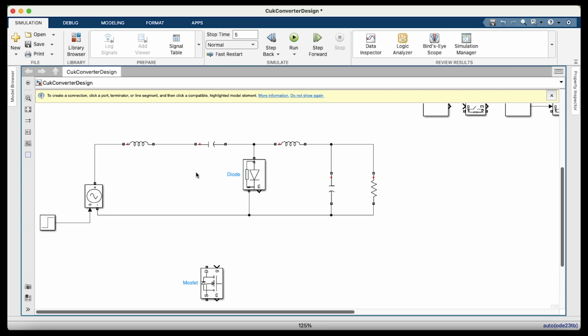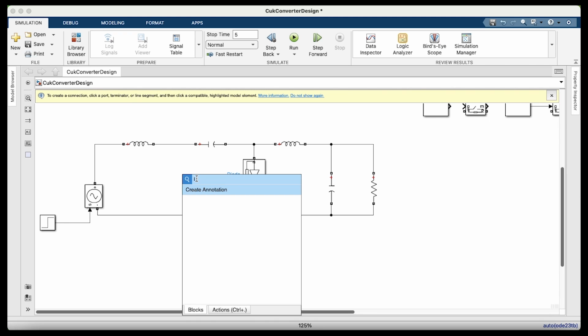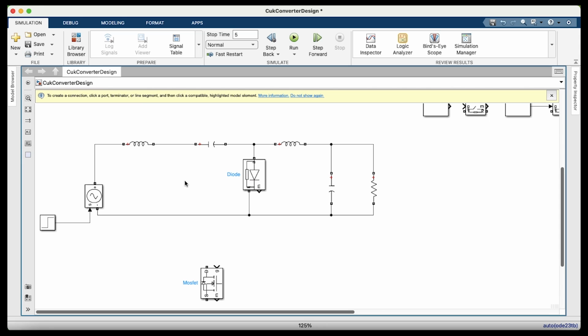Then connect the switch between L1 and C1. I choose an IGBT. Rotate the component and connect it between these points.